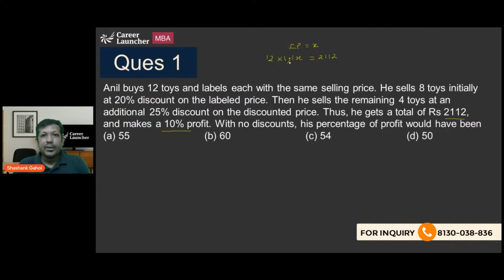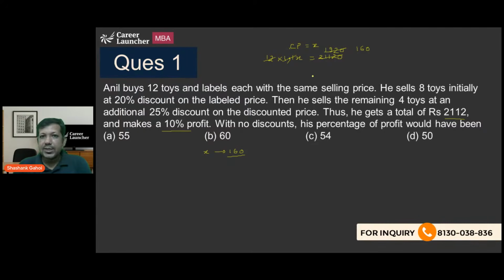Solving this, we cancel by 2 and it becomes 160. So I can say that his cost price of one article is 160, and that's what the question is telling us.